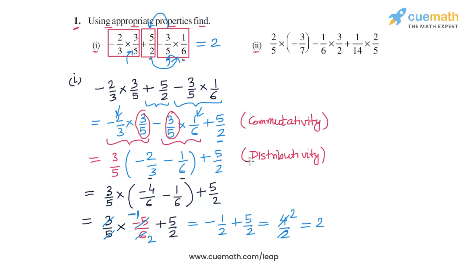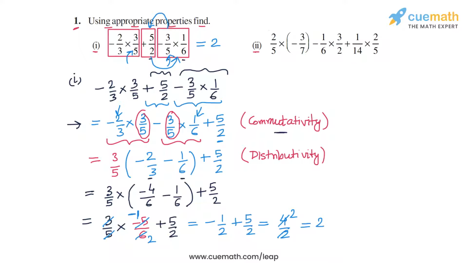Now I want to make an important remark here. In this first step that we did, we used commutativity to exchange the order of the two terms. So we brought the third term to the second position and took the second term to the third position.